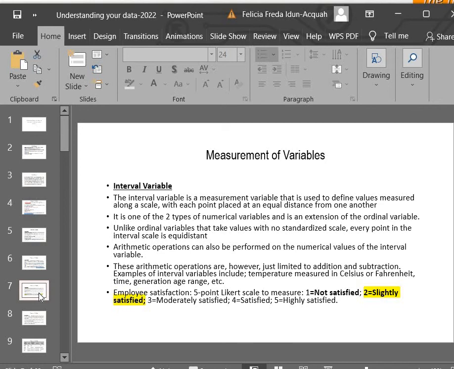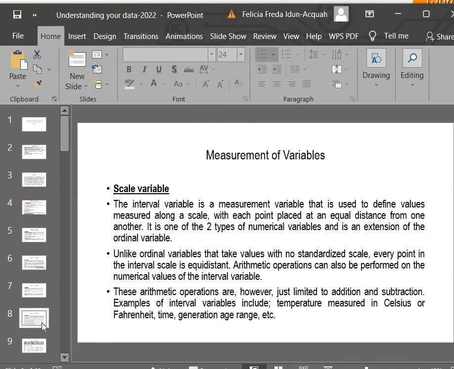We could as well have gotten negative 32 degrees Celsius or positive 55 degrees Celsius. They all take on value, and therefore if you score 0, it does not mean the absence of the variable. Interval variables provide what we call continuous data, just as the case of the ratio variable.